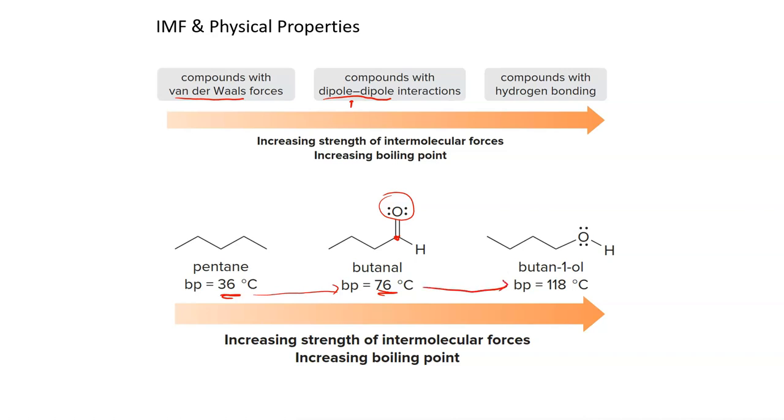Then we can increase the boiling point even more by, instead of adding just the double bonded oxygen, adding a single bonded oxygen with hydrogen, which allows us to have hydrogen bonding. That increases the temperature another about 30 degrees Celsius, and that's going to be the much higher boiling point. So butanol versus butanal versus pentane, which have a similar molecular weight, but they're increasing the boiling point for that compound.